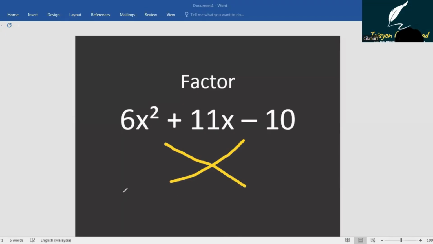Okay, what we have to do first, as usual, is decide what are the best combinations that make up 6 when we multiply here, and make up 10 when we multiply on the right side. At the same time, when we add the sum of both crossings, it becomes positive 11.